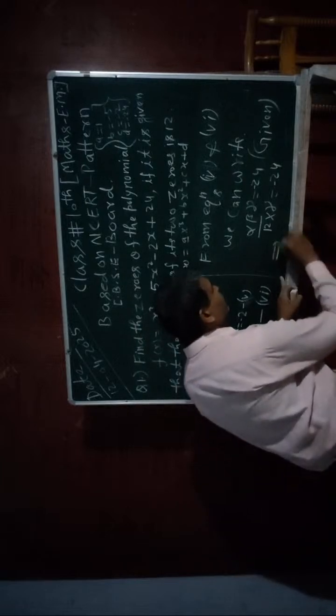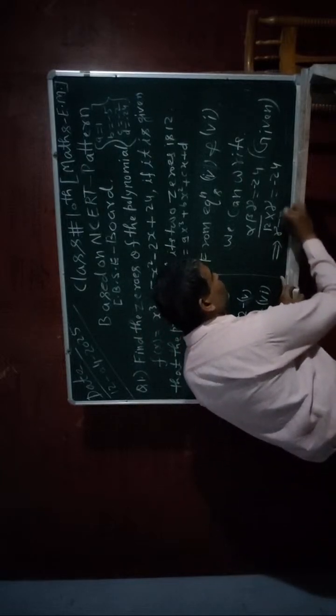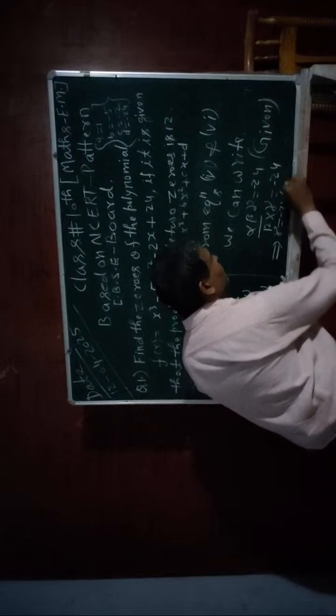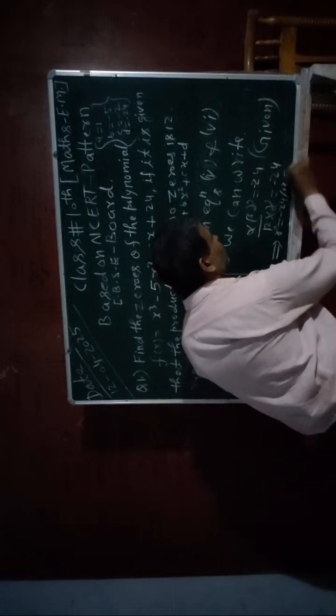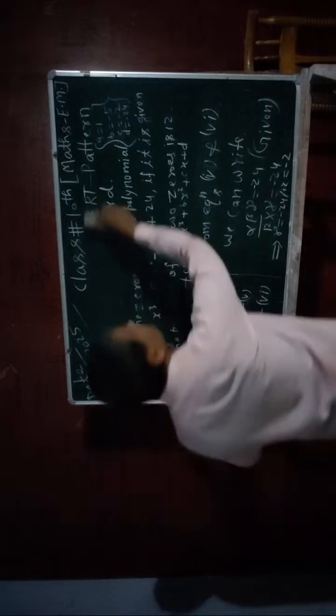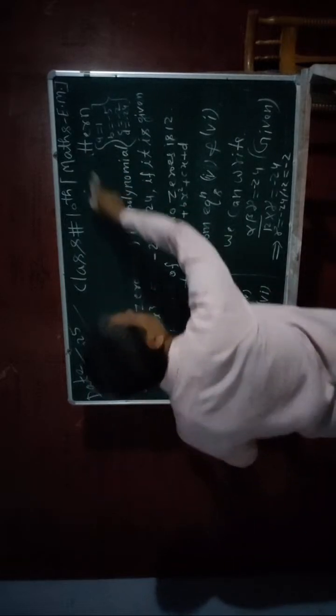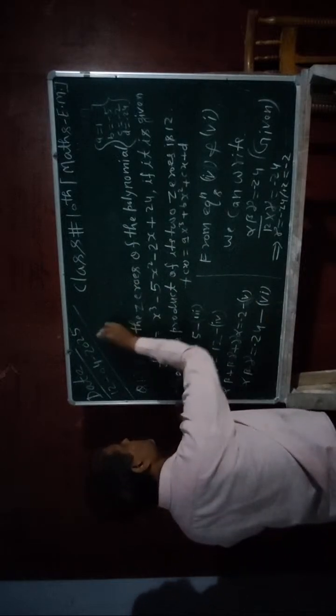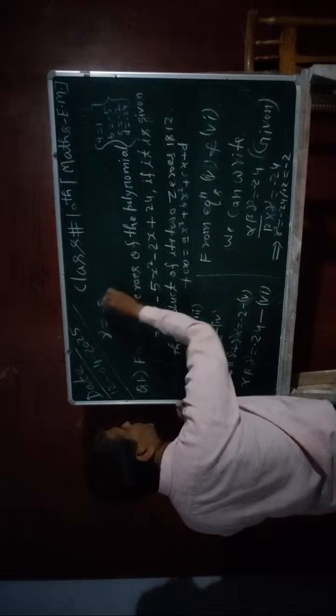So after simplification it implies that gamma is equal to minus 24 divided by 12. It will become minus 2. Here I have got the value of gamma, which is equal to minus 2.